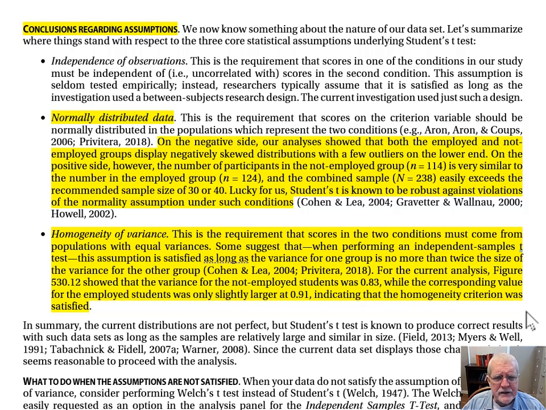For the current analysis, previous figures showed that the variance for the not employed people was 0.83, while the corresponding value for the employed people was only slightly larger at 0.91, indicating that this homogeneity criterion was satisfied. If this variance had been twice as big as that variance, then we would have cause for worry. In this case, we do not. We don't need to worry much about the homogeneity of variance assumption.